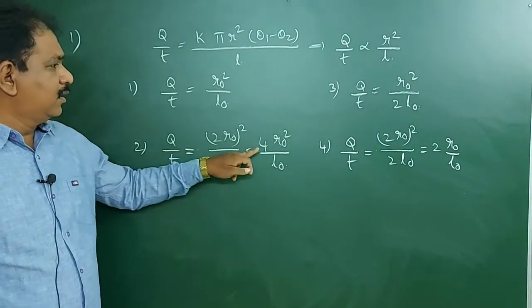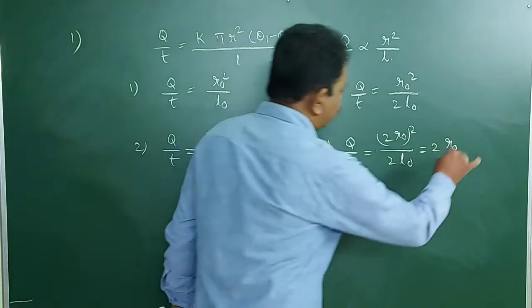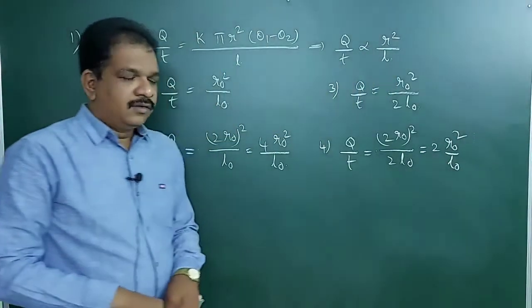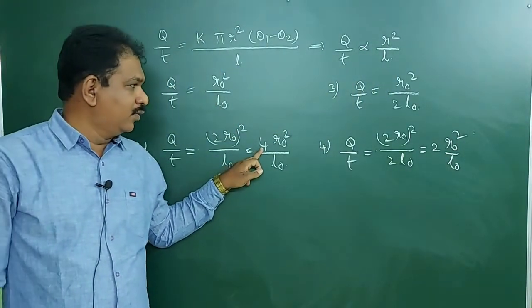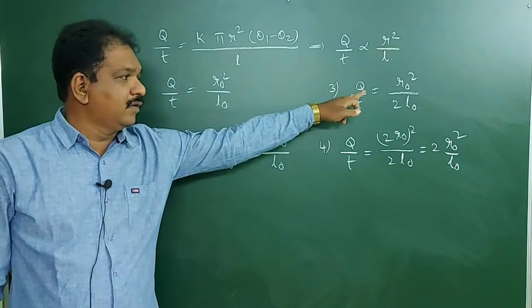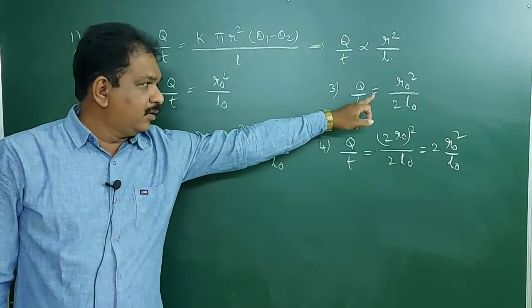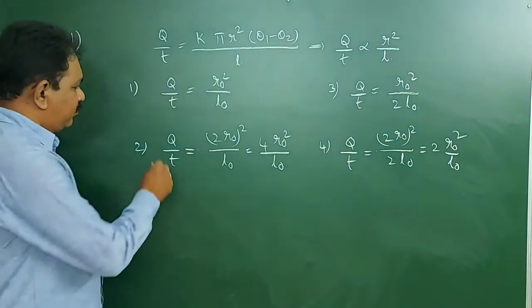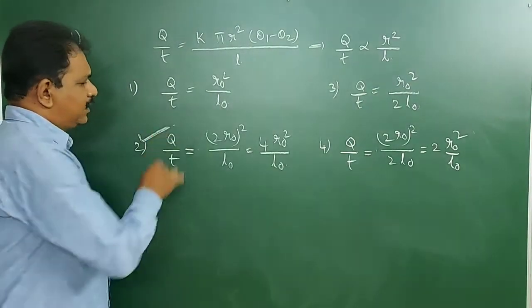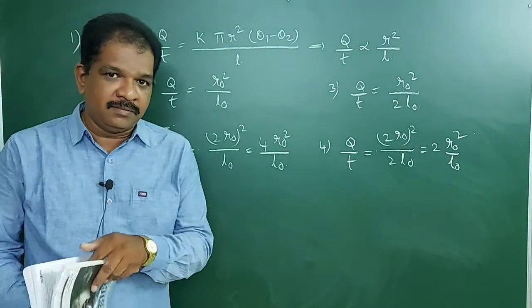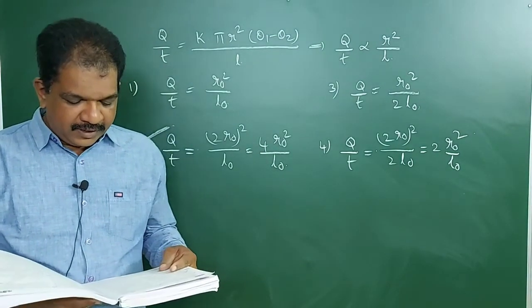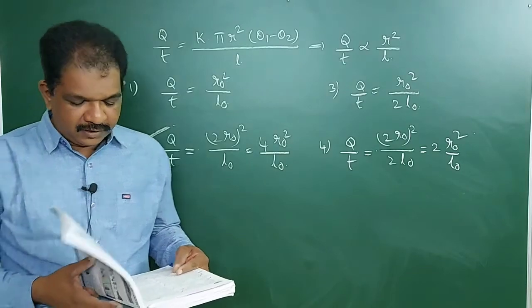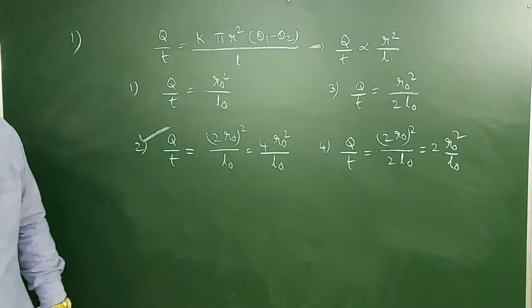Here 4 is there, here 1 is there, here 1 by 2, and here 2 is there. Among them, the rod having these dimensions with 4 will conduct more heat. Clear? Next.